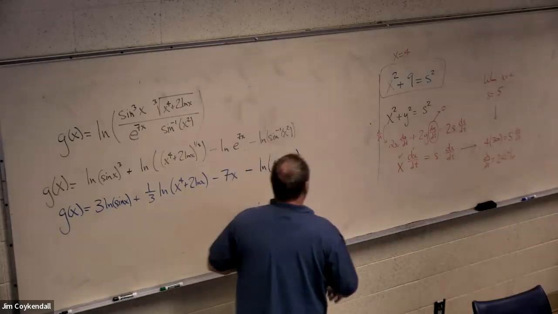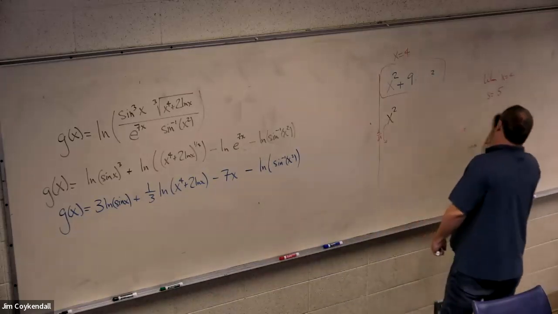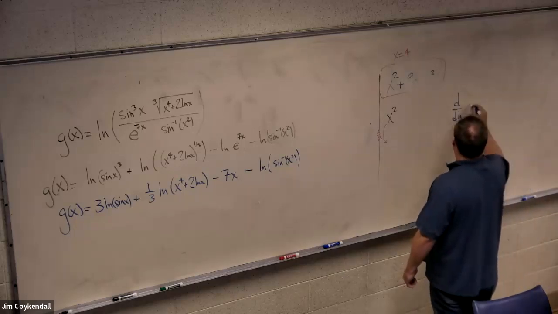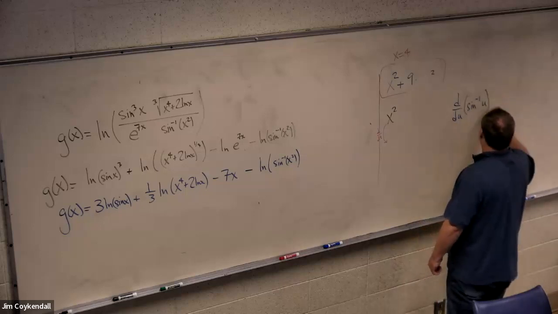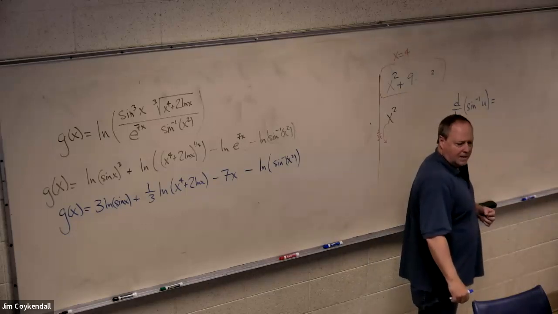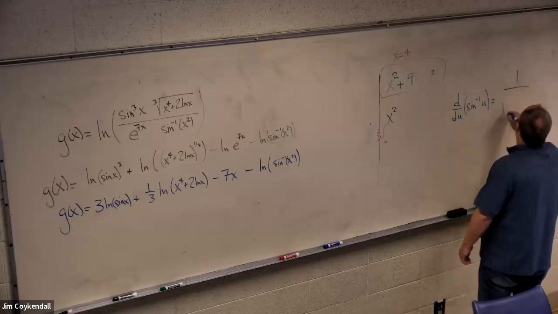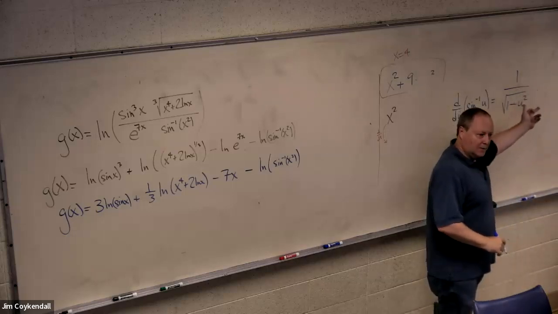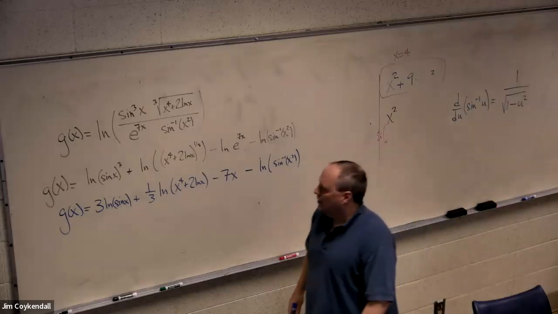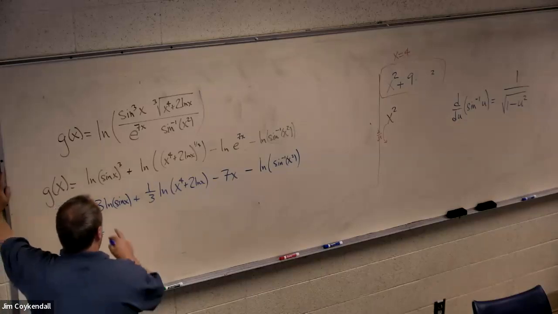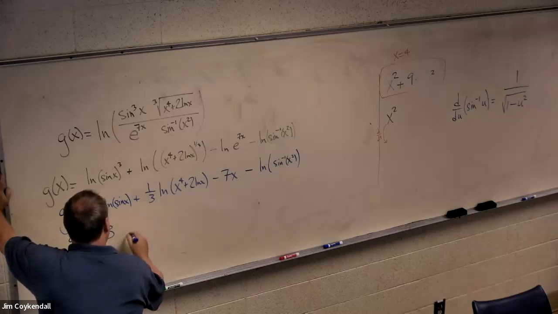There's one piece that I think is hopefully familiar. Anybody remember what the derivative of inverse sine is? It's 1 over the square root of 1 minus x squared. Okay, so let's do this. 3 times the derivative of log of sine, which is 1 over sine x times what?